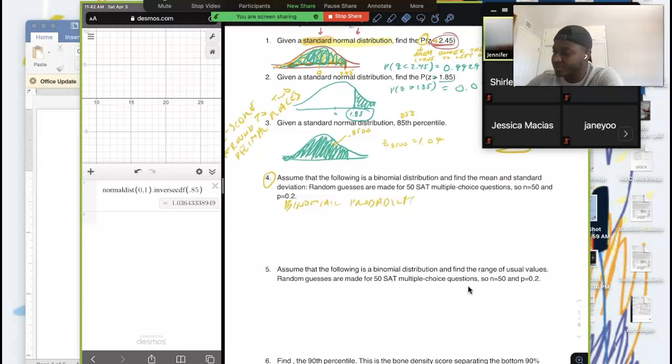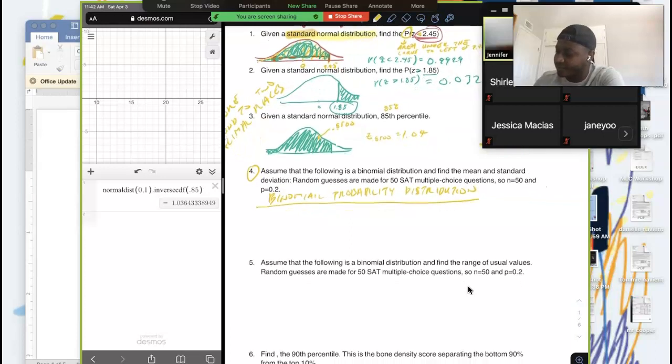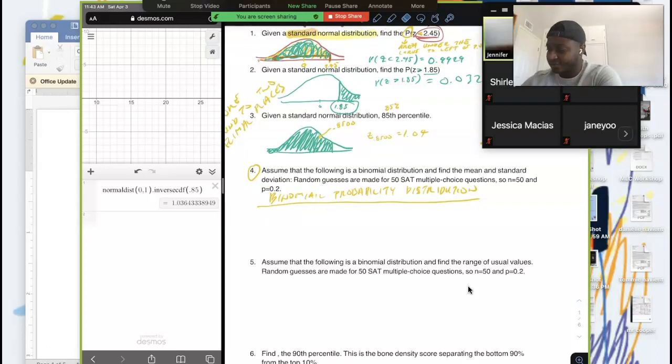So it's a binomial probability distribution. And for that, there are a few things that tip you off as to when to use this one.